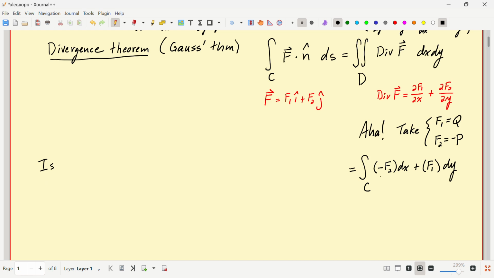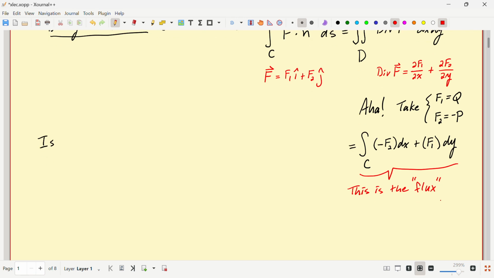So I'm going to tell you this is the flux. This is what physicists and engineers would call the flux of that vector field. It's equal to the integral around C of F dot the outward pointing normal, ds. Okay, and I'll explain why that's the flux.